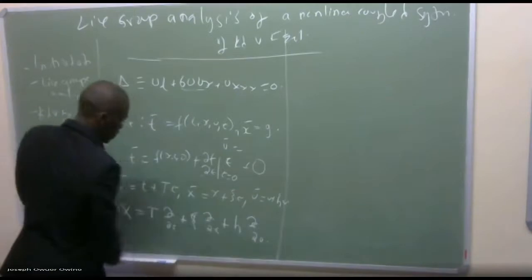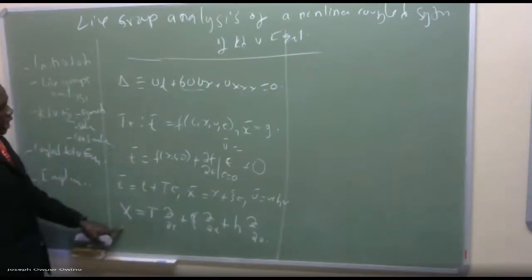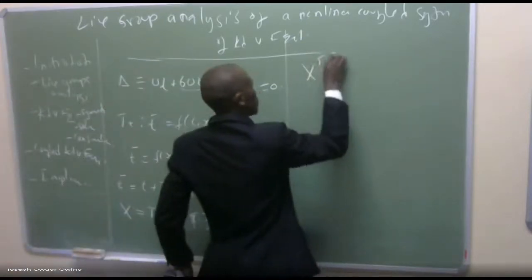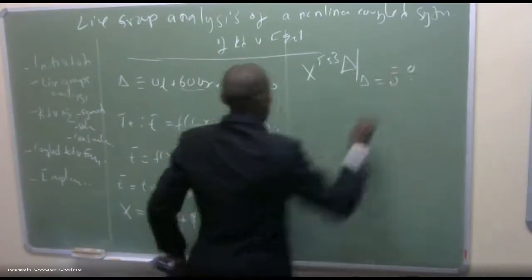This is a vector field of infinitesimals, and we shall call this a symmetry of the equation if its third prolongation annihilates the KdV equation on all its solutions.